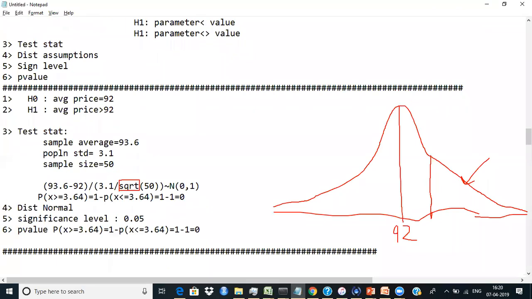What is that one particular line? If p-value is less than 5%, reject null. That's it. This is the only thing that you have to remember. Everything else will be taken care of by the software. 0 is the p-value. My significance level is 5%. So is it less than 5%? Yes. So what is your conclusion? Average price is not 92.